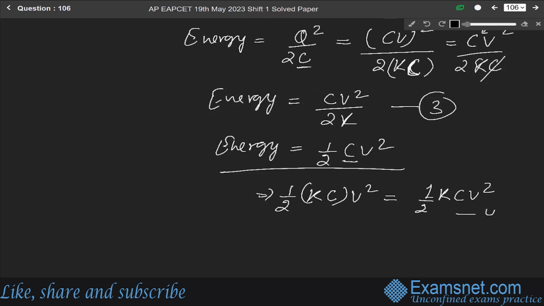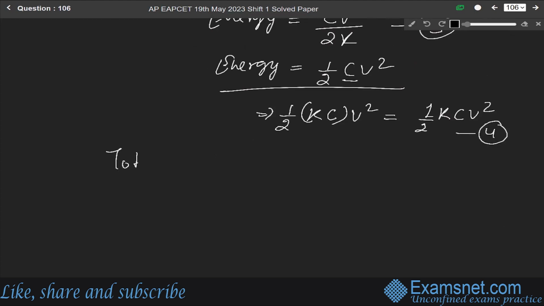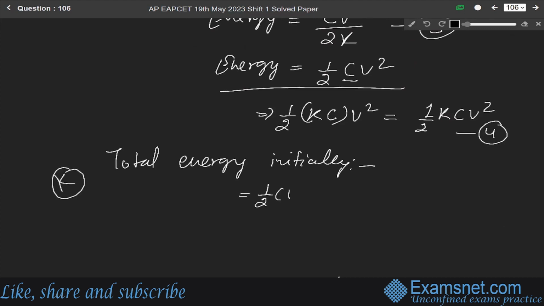Let us say this is equation 4. Now the total energy initially, before the introduction of dielectric, means without the K value, will be half CV square plus half CV square for the two capacitors, one for capacitor 1 and one for 2. It will be CV square. Let us say this is equation 5.